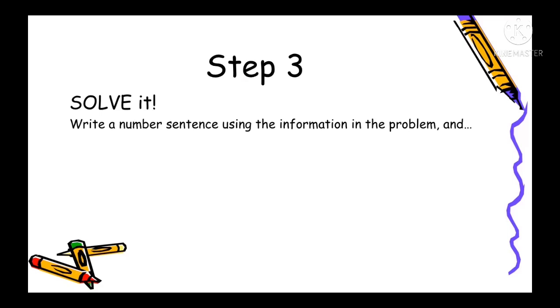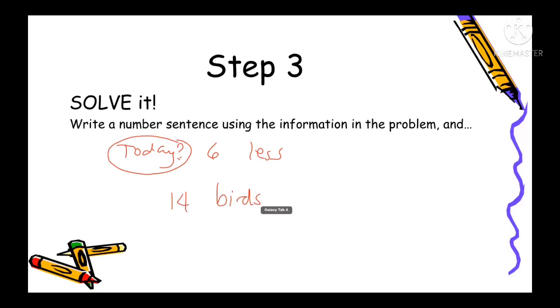We have to find first how many birds today. Right? So because we have 6 less, that means if we have 14 birds yesterday, then today we have 6 less.